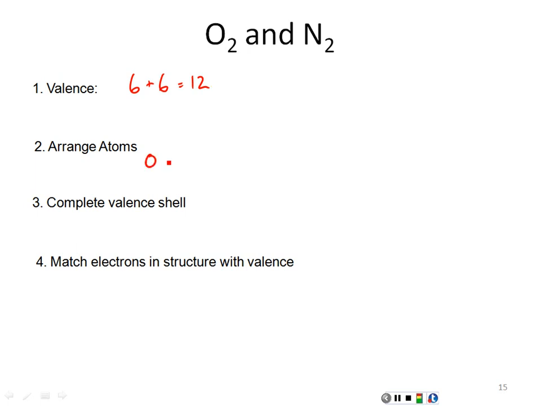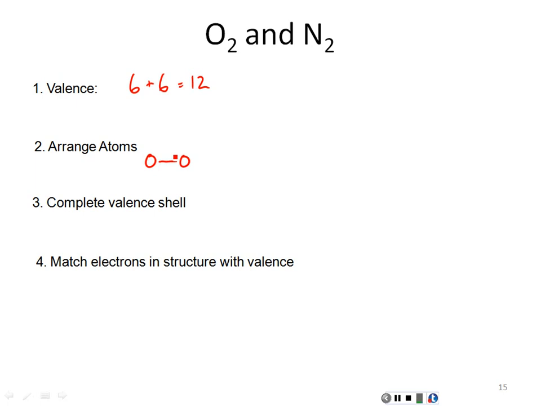Now we arrange the atoms, and this is pretty simple because there's only 2 atoms in this molecule. And we draw a single bond to start with. That takes 2, so we have 10 electrons left.